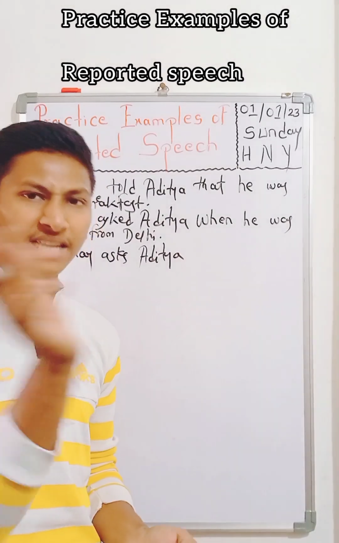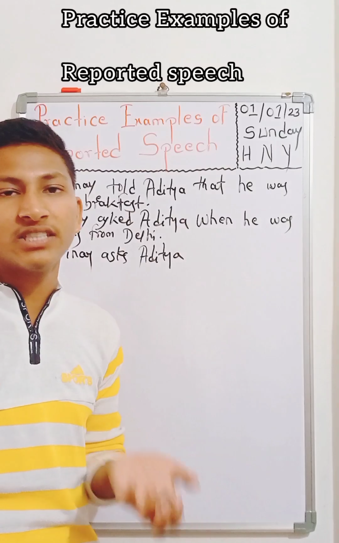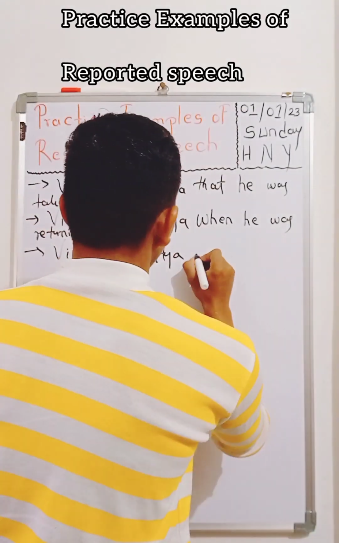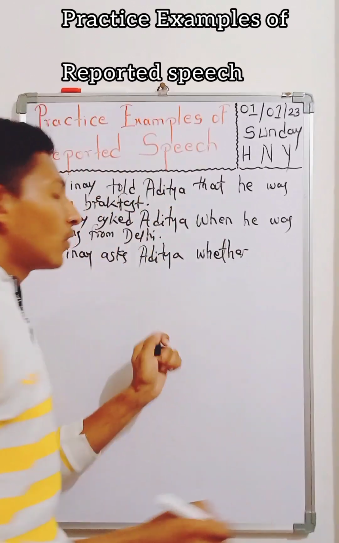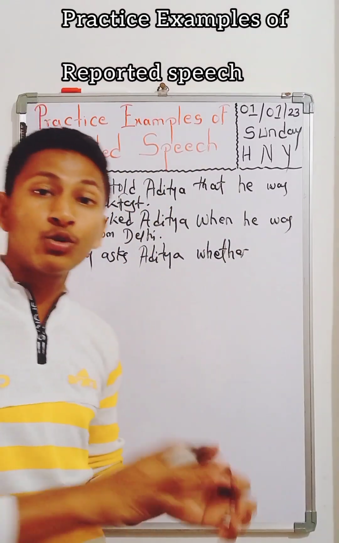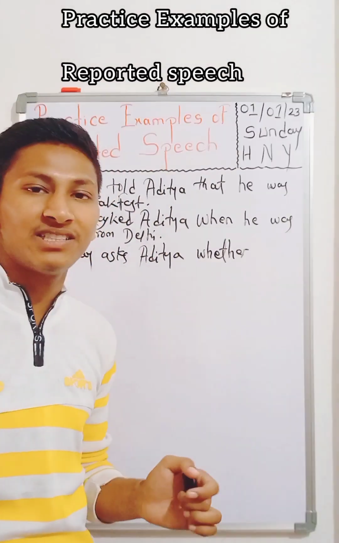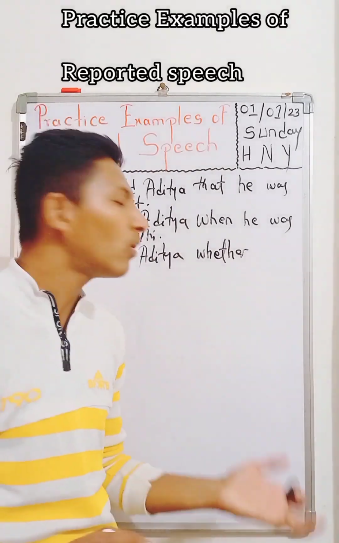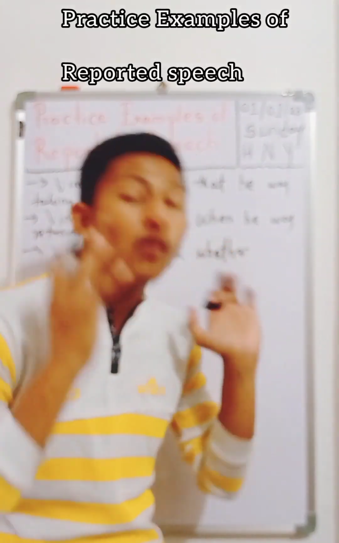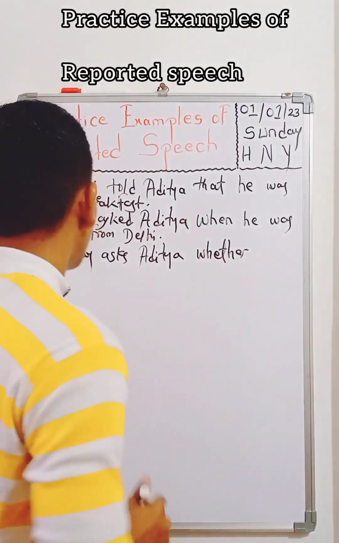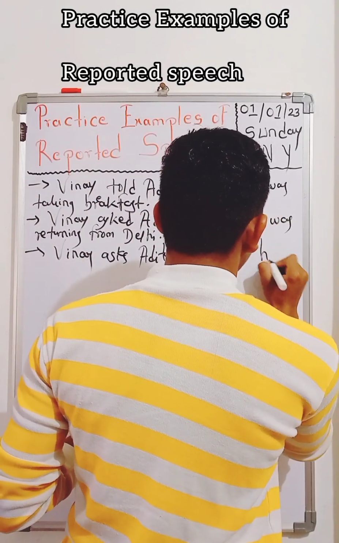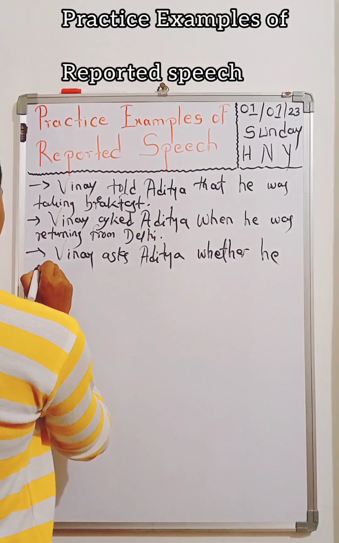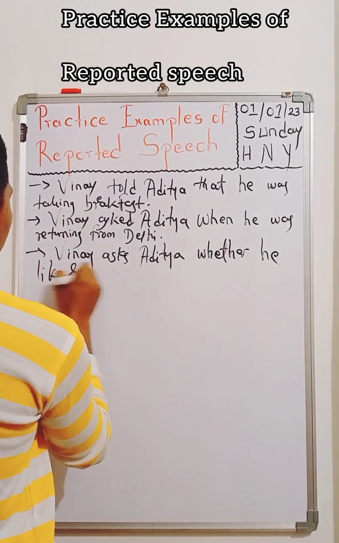I will take whether here. And in confusion or hurry, you should not write weather, that will be totally wrong. So you have to be focused on your work. So Vinay asks Aditya whether he liked mango.